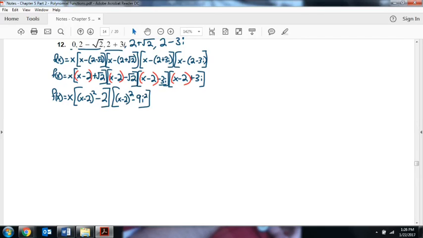Alright, next line, we're going to multiply that out and start combining terms. So we got f of x equals x times x minus 2 times x minus 2. That's x squared minus 2x plus 4 minus 2.